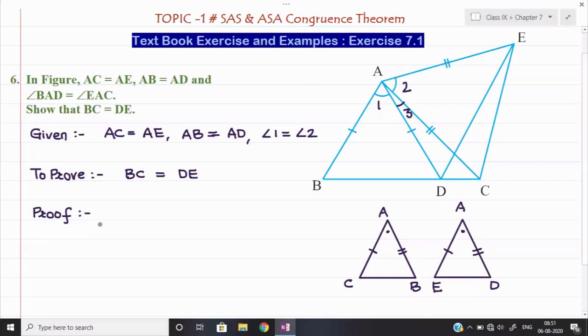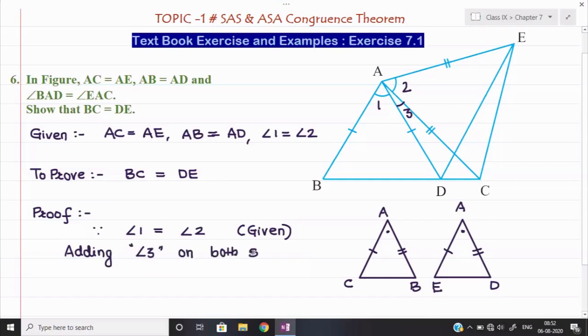First we'll write down in the proof, since angle 1 is equal to angle 2, that is given to us, that we can say with the help of given. Okay, now what we'll do here, we will add angle 3 on both sides.